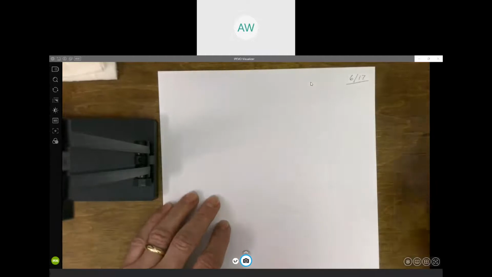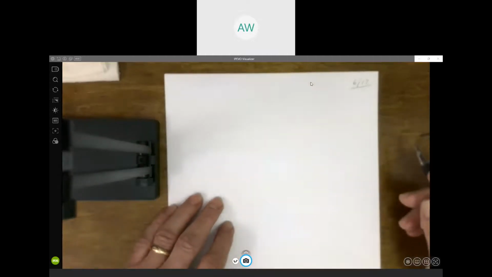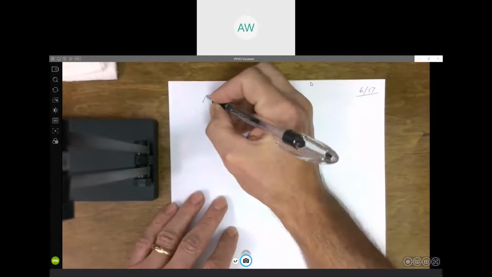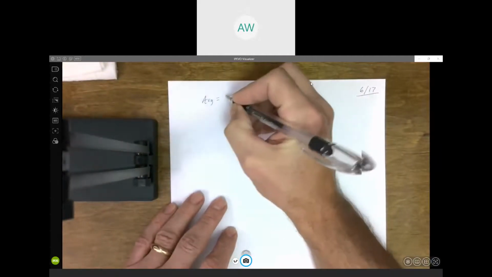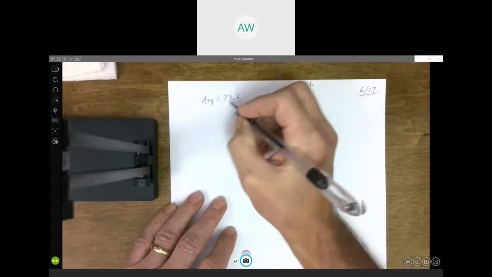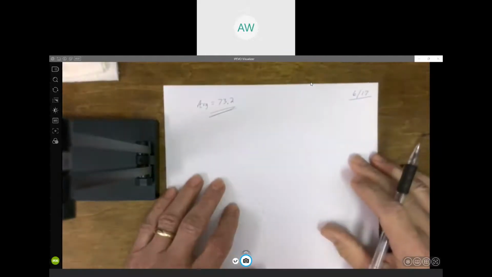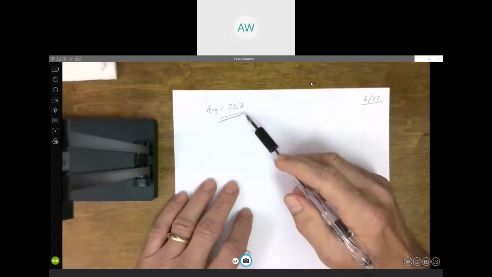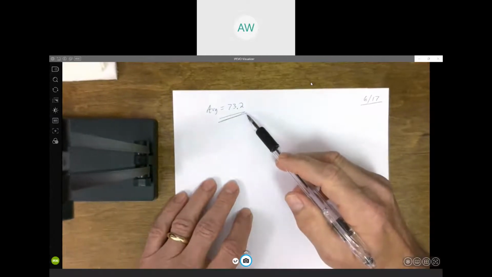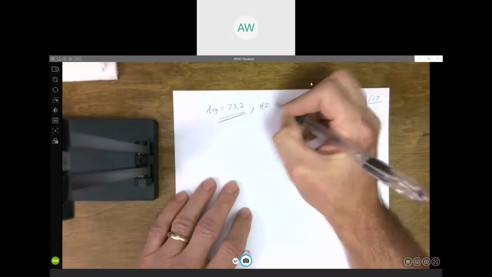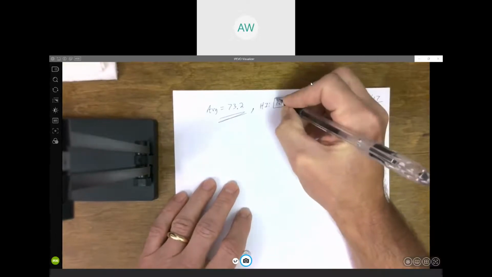A couple of pieces of information if you're interested or curious. The average on the test was 73.2, which is not bad, not great, but all things considered under the circumstances, not so bad. Can live with that. The high score was 100, and I think there was only one.